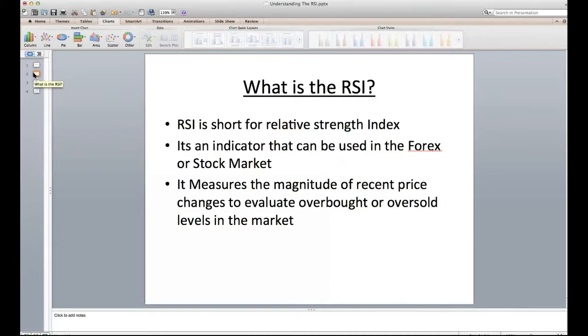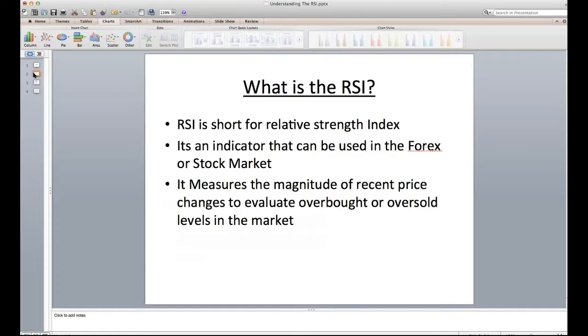What is the RSI? The RSI is short for Relative Strength Index. It's important that you know it is an indicator, and it can be used in the stock or the Forex market, okay? And what you should know is how it measures.